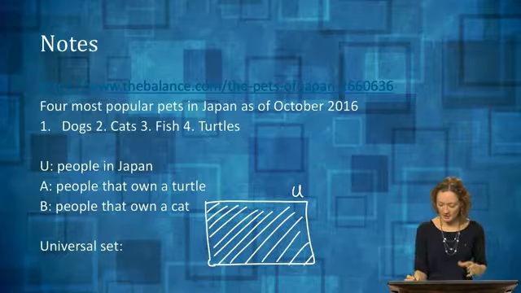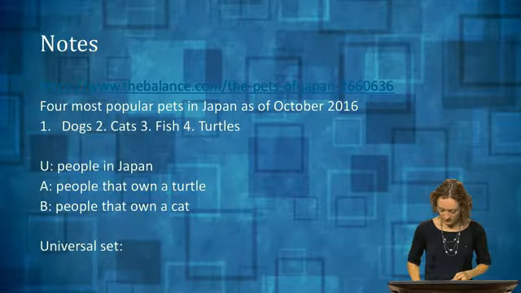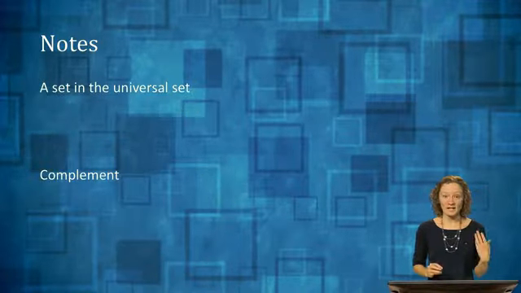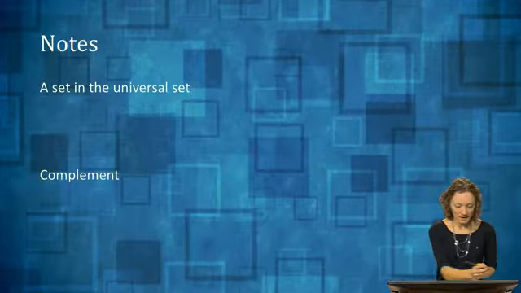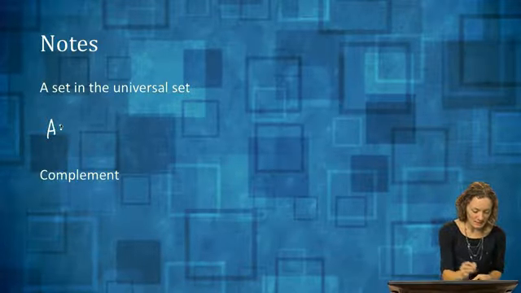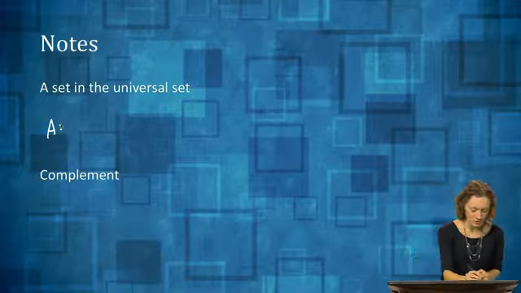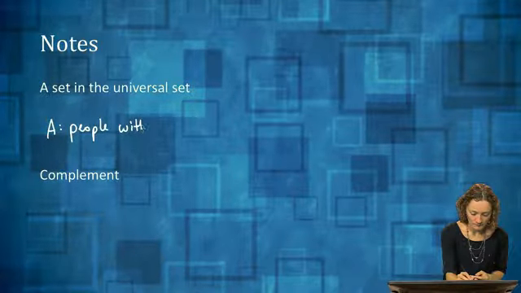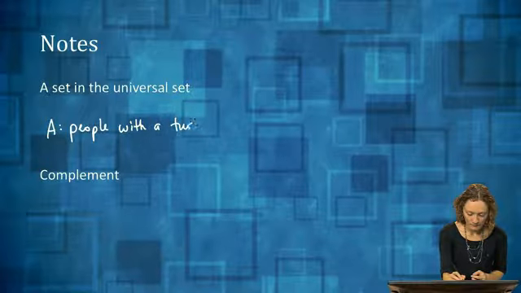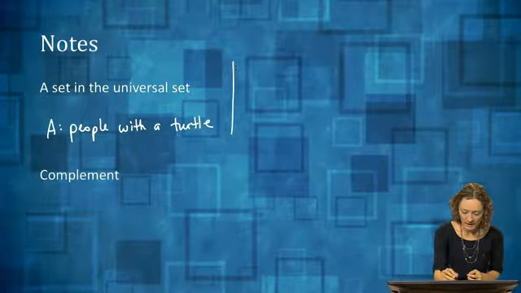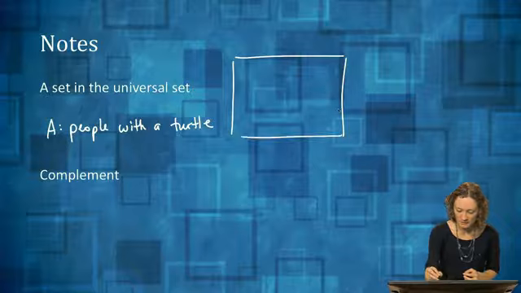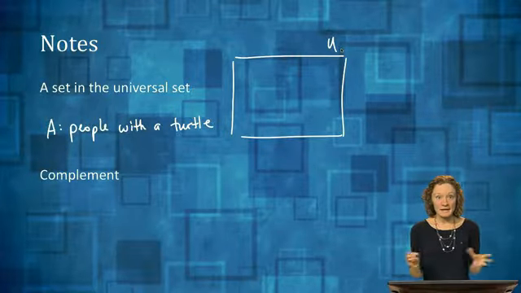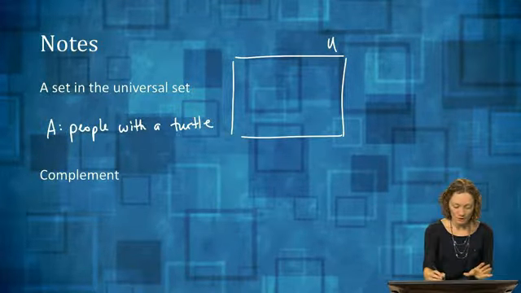All right, this sets us up to go to the next piece, which is then having a set in the universe. So for our purposes, let's say we're putting set A inside of this set, which is people that have a turtle. So we still have the universe, and now inside of the universe, we still have all the people in Japan.